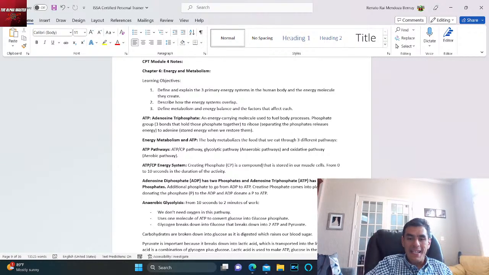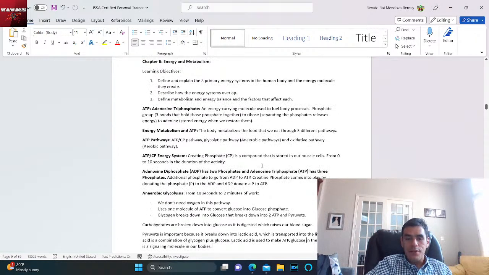Lactic acid is used to make ATP, glucose in the liver, and it is a signaling molecule in our bodies.